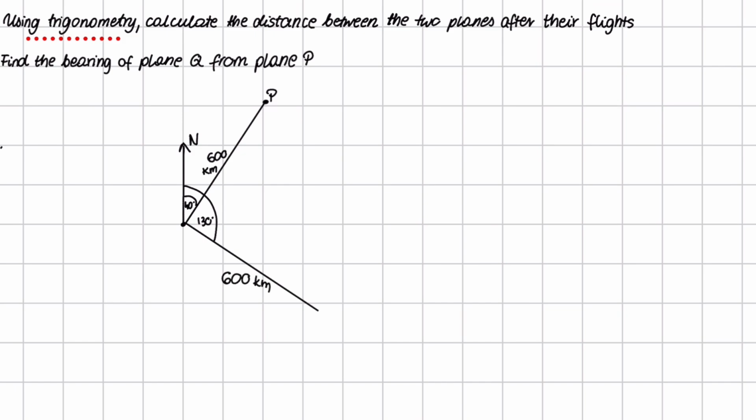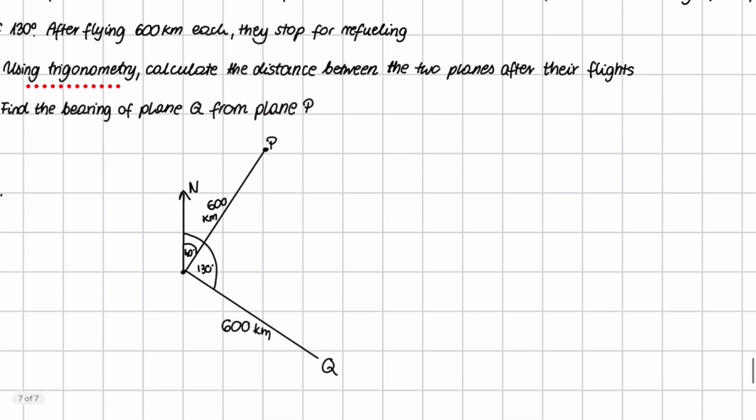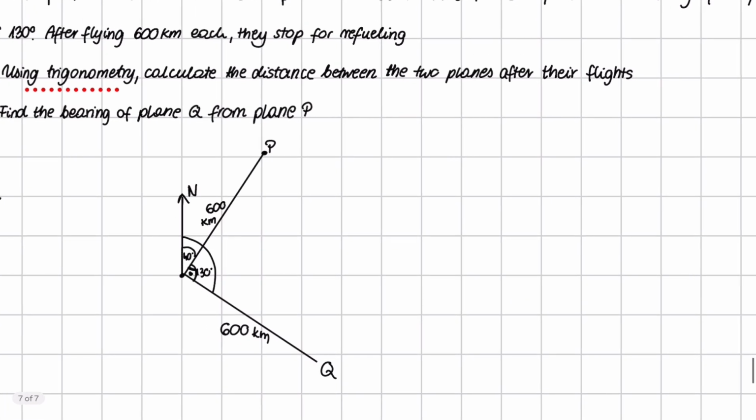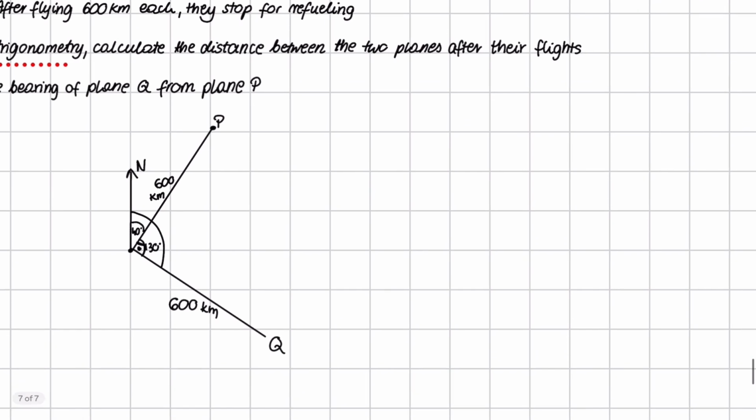So here we have our plane Q. And also we know that this angle is a right angle, because we have to subtract 40 from 130 degrees in order to calculate this angle, and this angle is 90 degrees, and we have to calculate the distance between the two planes after their flights.